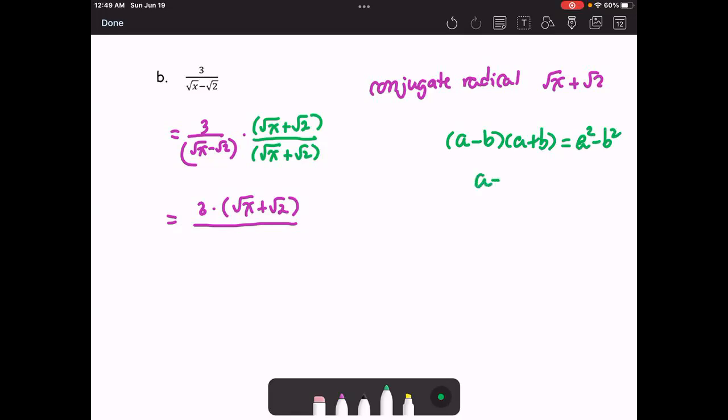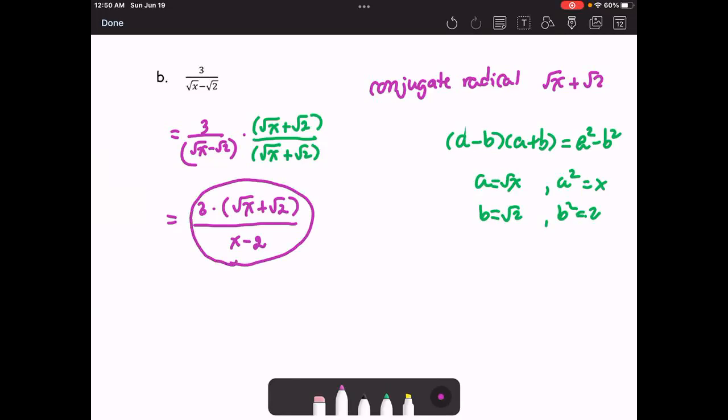In this case, a is square root x and b is square root 2. So a squared is going to be x, b squared is going to be 2. Therefore, the denominator becomes x minus 2. And this is the simplified form of this expression after we rationalize the denominator.